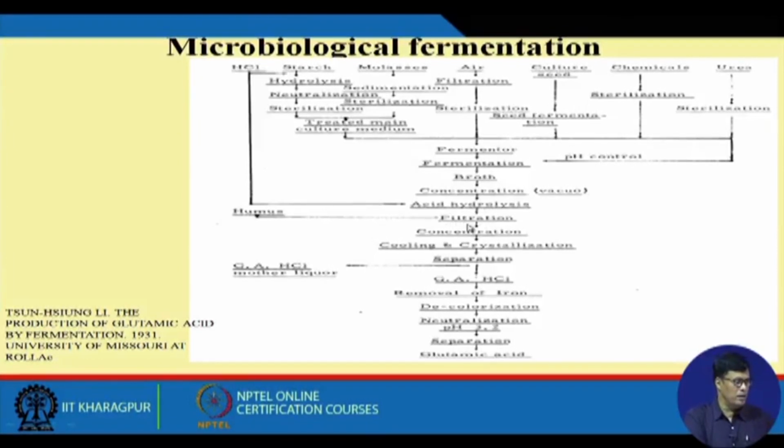Here also, like protein, where we have seen gluten and other molecules, when you do the acid hydrolysis, carbonaceous material like humus is formed. You separate that humus out through filtration, then you concentrate, cool and crystallize, and separation takes place. You get glutamic acid hydrochloride crystals, and you also get a good amount of glutamic acid hydrochloride in soluble form in the mother liquor.